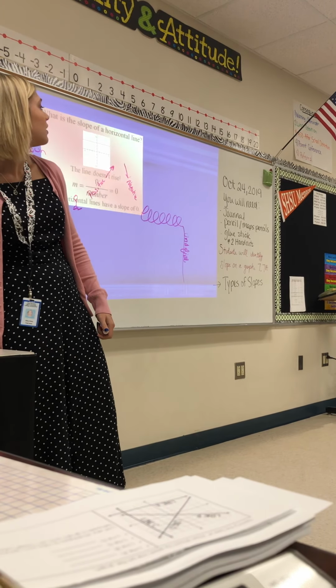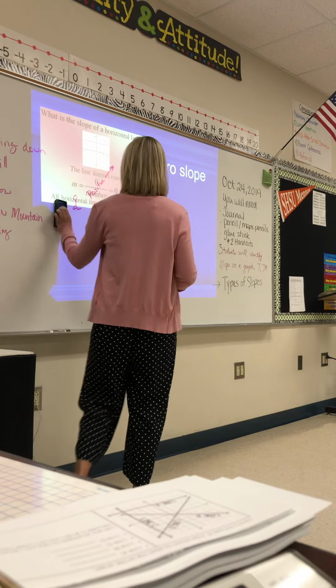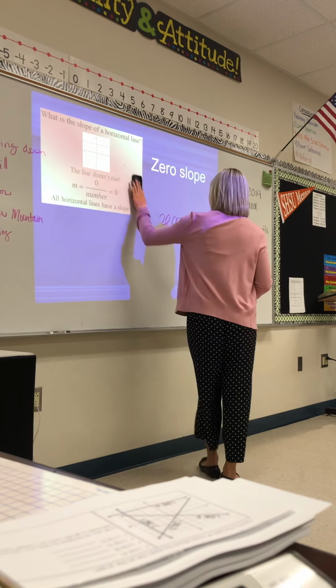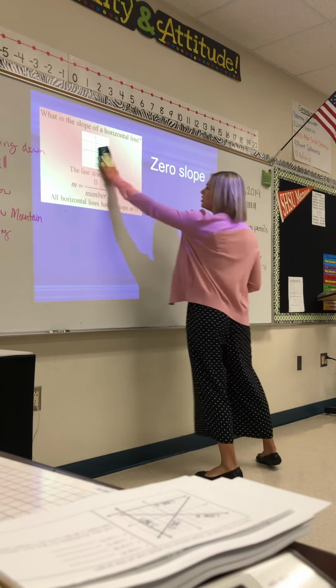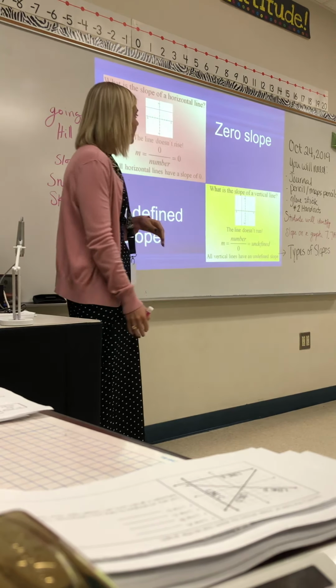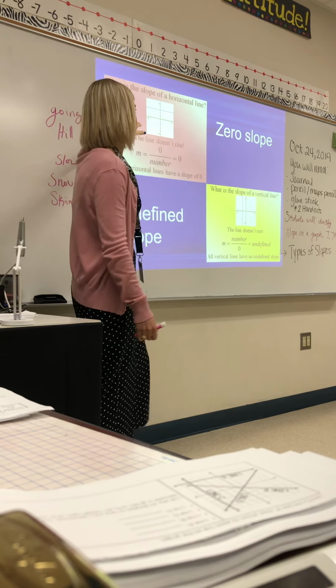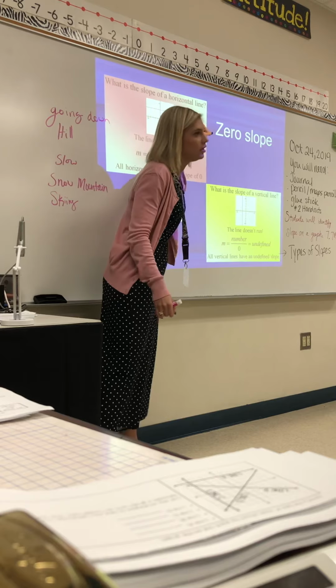Let's look at one more thing to help us remember zero and undefined, because I know that's what gets a lot of people. You know the positives, you know the negatives, and then you get to these weird zero and undefineds, and you're like, I don't know. So one thing about the zero slope is it creates a horizontal line.